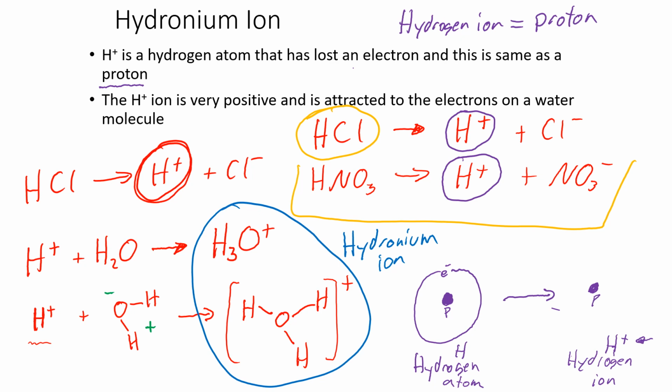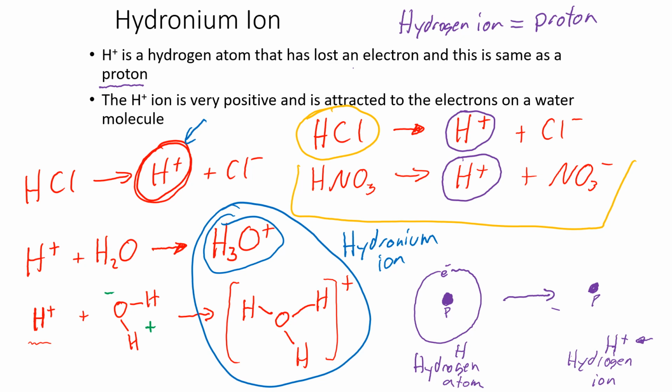Because we can call this H plus a hydrogen ion, we can call it a proton, but when that's in water, all of those hydrogen ions are going to react with water and form H3O plus. So whether you call it a hydrogen ion or a proton, they're all going to react with water and make hydronium ions, which is H3O plus.